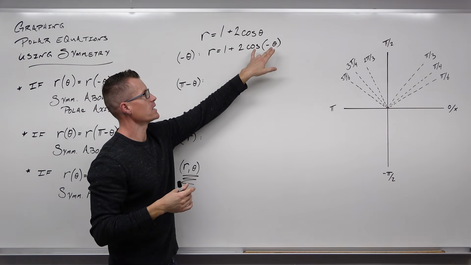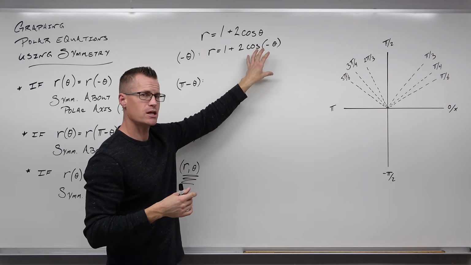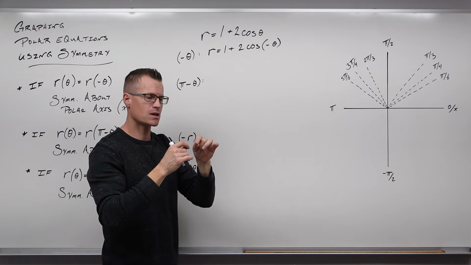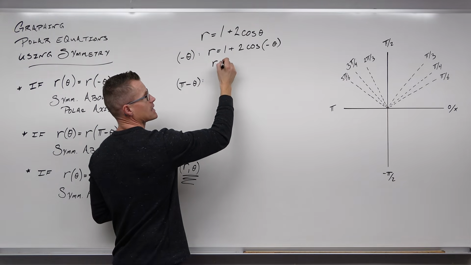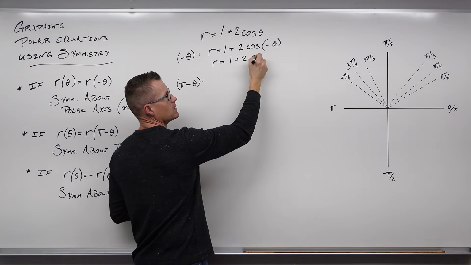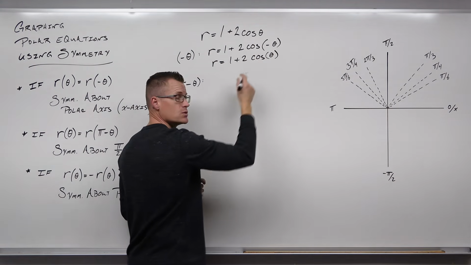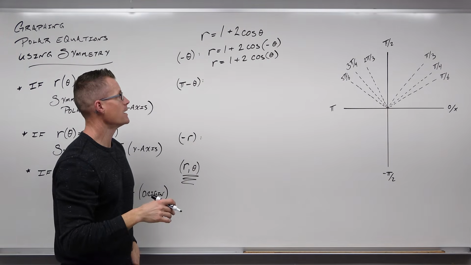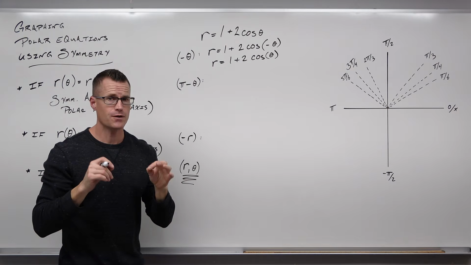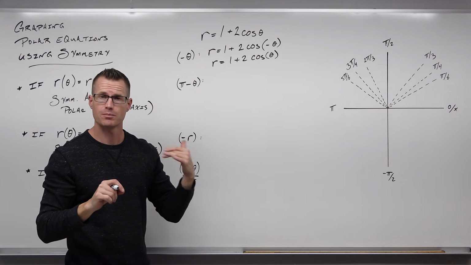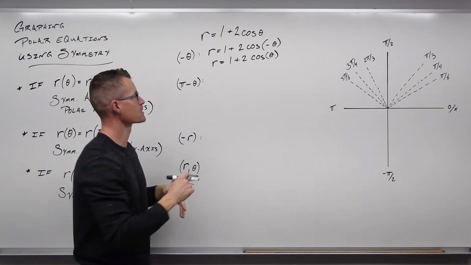That means I can change my argument without changing my function. So because cosine's even, opposite inputs give you equal outputs. This is still the same thing as 1 plus 2 cosine of positive theta due to the evenness of cosine. Now, that's exactly what we got here. What that says is that this function will be symmetric about the polar axis or about the x-axis.